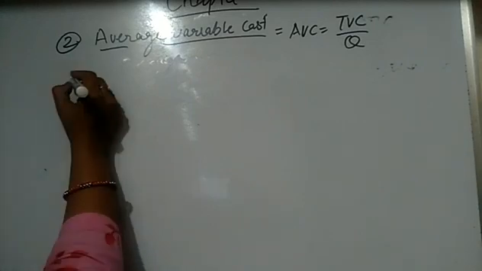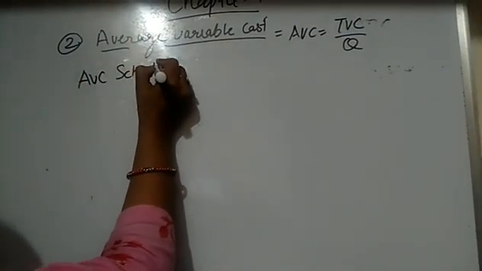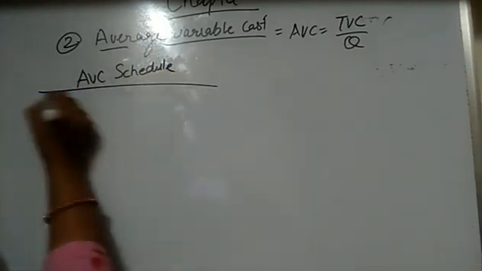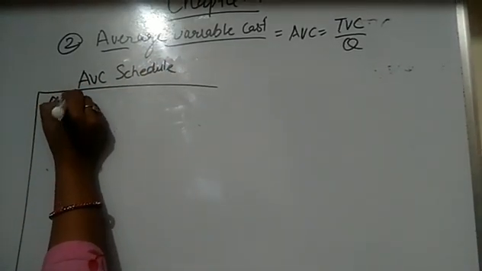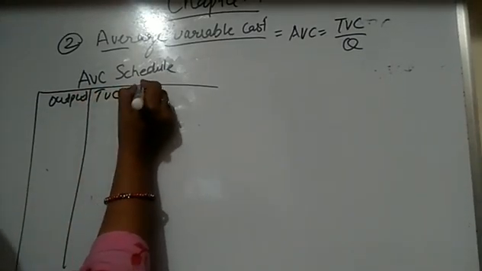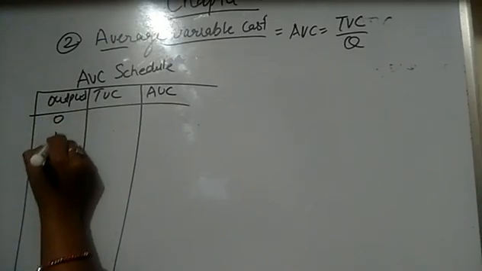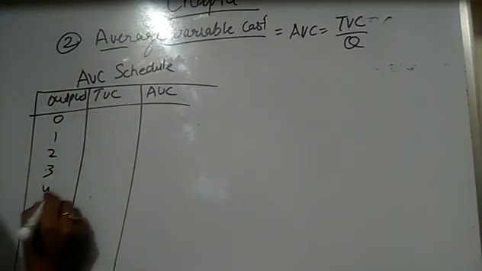Okay, so I'm making an average variable cost schedule. In this, the first column is output in units, the second is total variable cost, the third is average variable cost. So output is 0, 1, 2, 3, 4, 5.